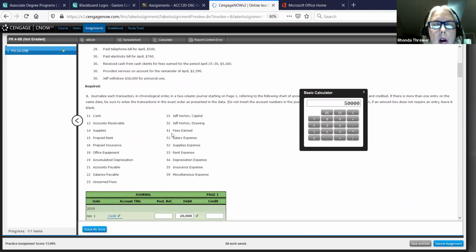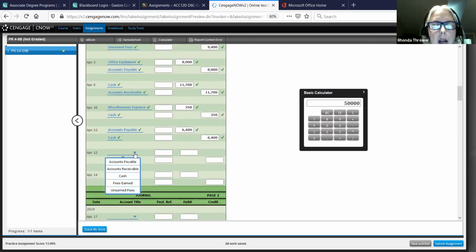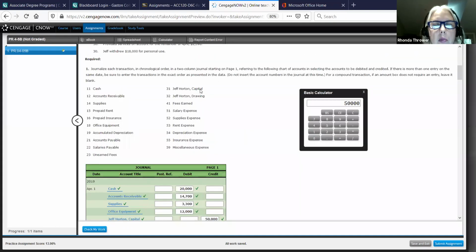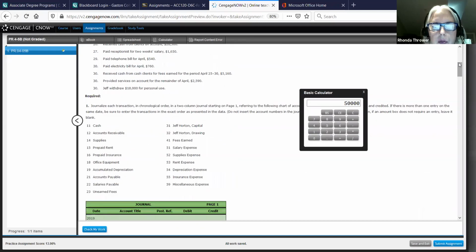Our revenue account is called fees earned. That's going to be our credit, but our debit will be to accounts receivable. So we're going to debit accounts receivable because our assets have increased. We're going to credit our fees earned for the amount of the fees that we've earned during this period of time, which was $21,900.